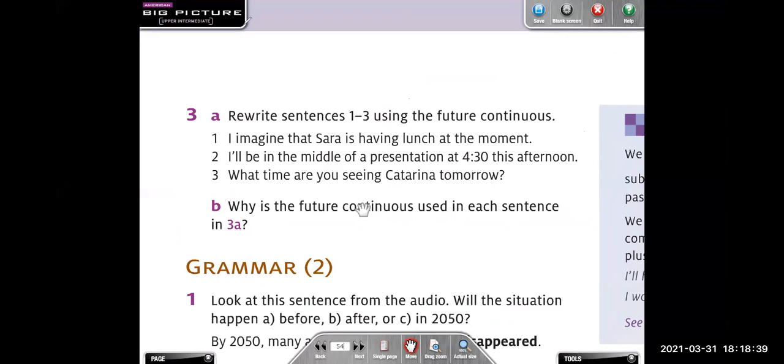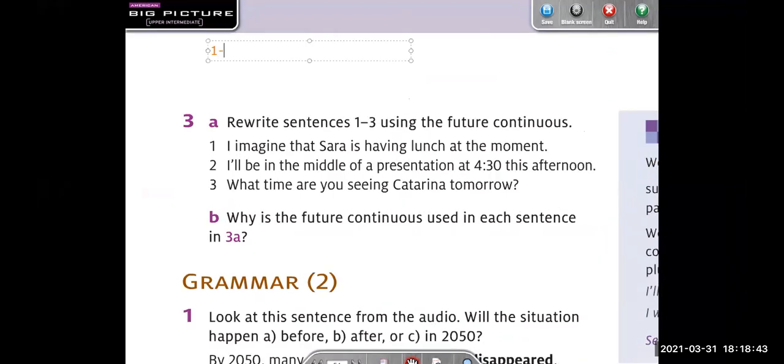Sarah will be having lunch. Estamos especulando de lo que ella puede estar haciendo. Dice, Sarah debe estar almorzando en este momento.